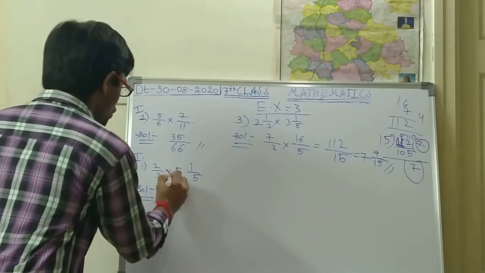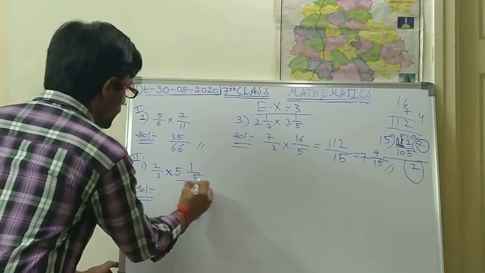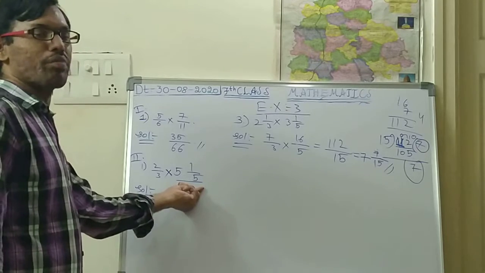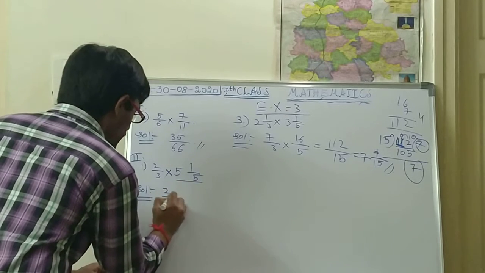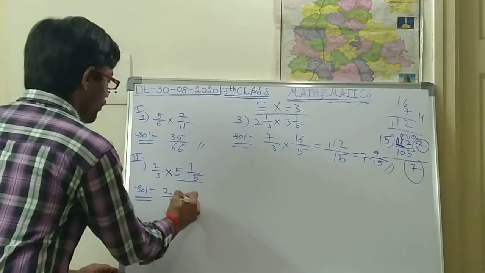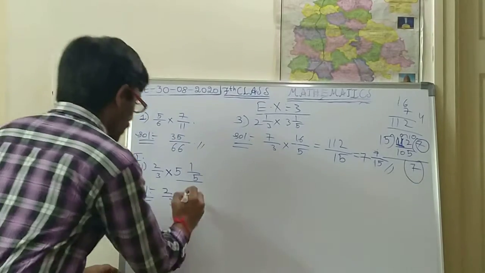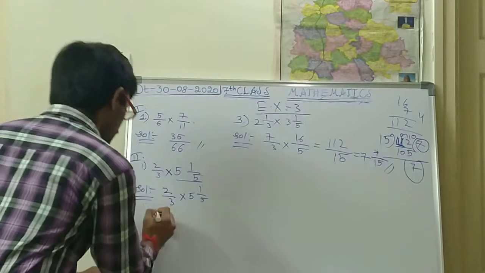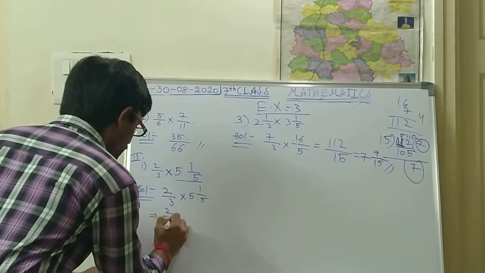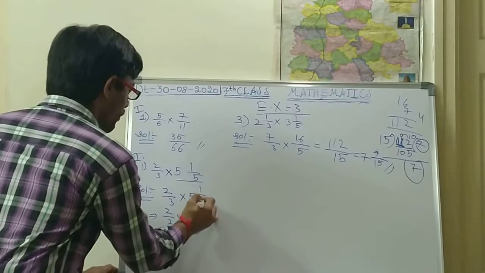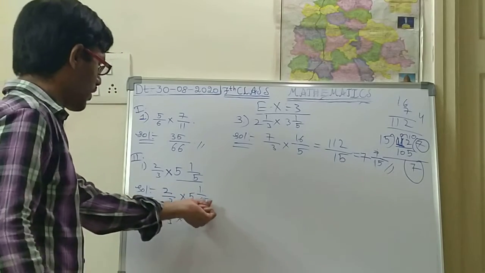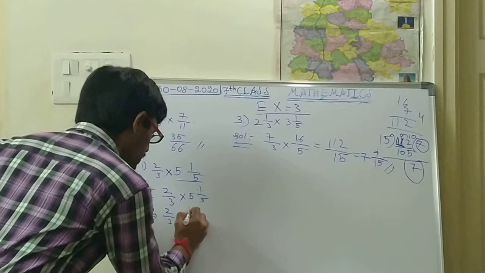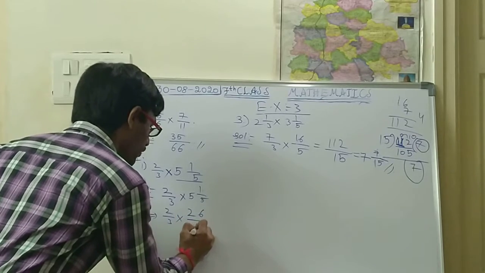See, first this is a mixed fraction. Now you should first convert this into an improper fraction. So first, as it is, 2 by 3 into 5 1 by 5. In the next step, convert into improper fraction: 5 fives are 25, 25 plus 1 is 26, 26 by 5.